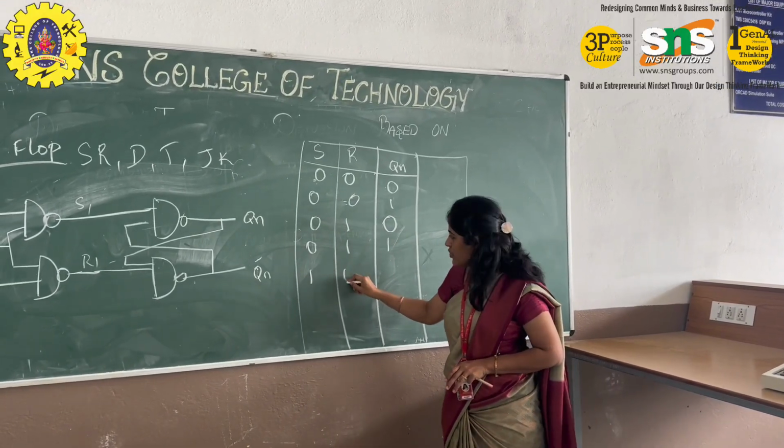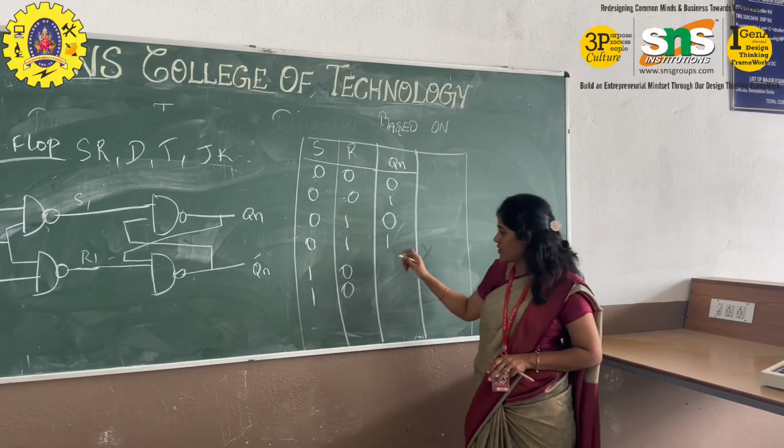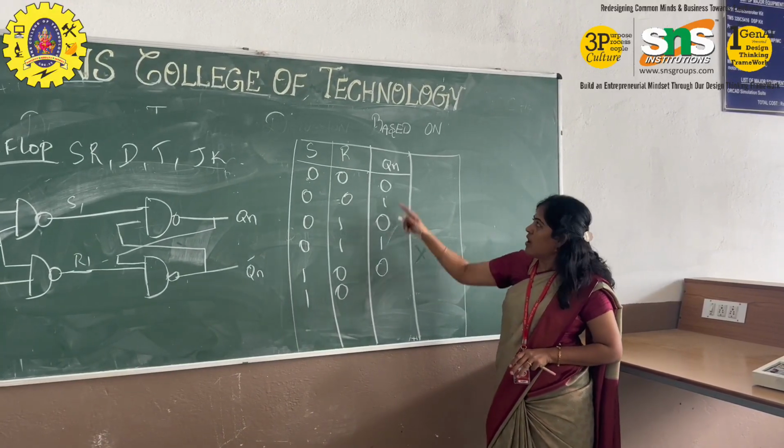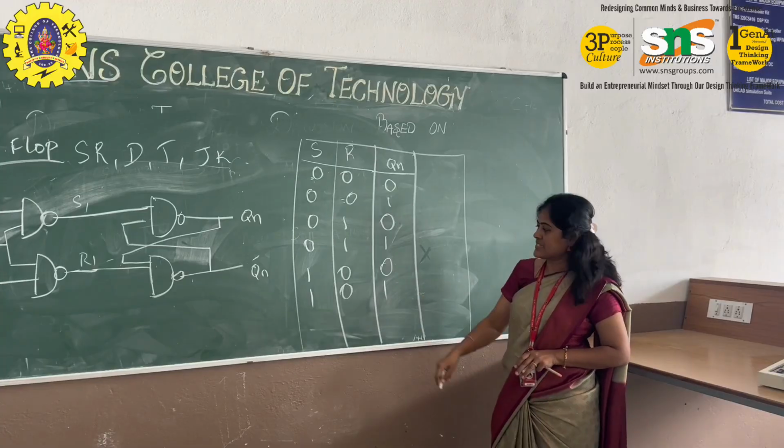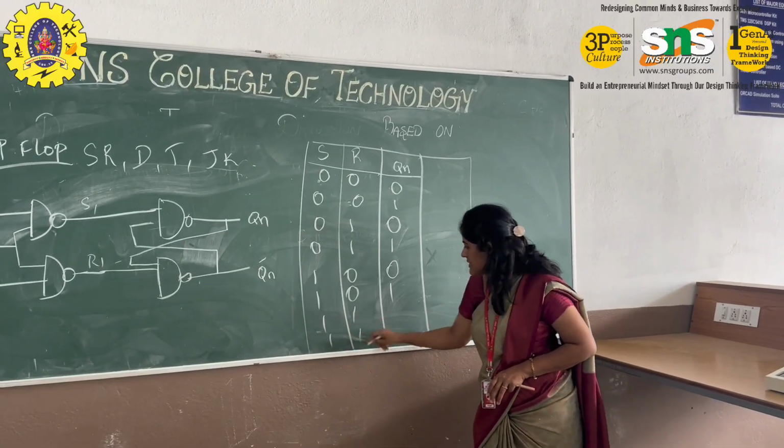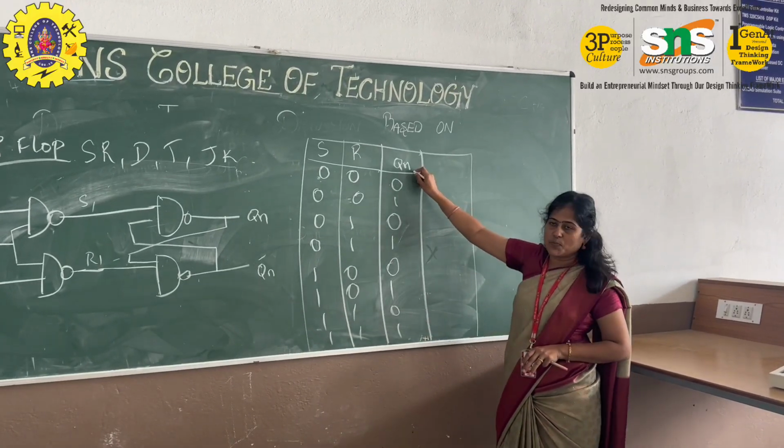So 0 0 twice, 0 1 twice, 1 0 twice, and 1 1 twice. This is the present state.